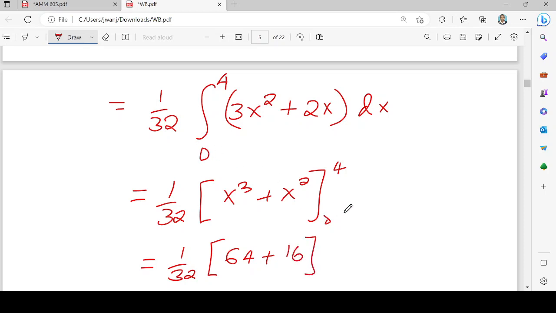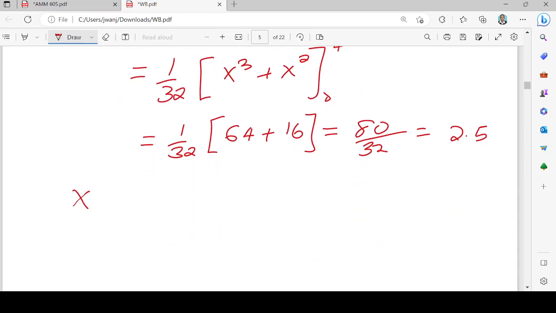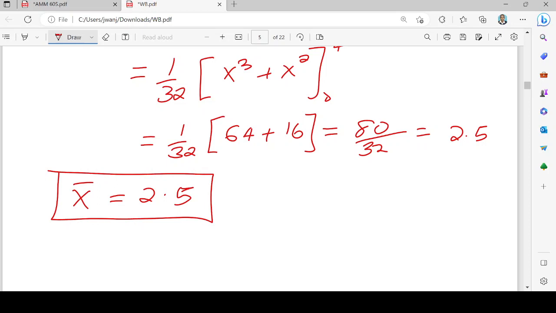Notice that when x is 0, this will be 0, so that's why we are not including that. If we work this out, it will be 80 over 32, which is 2.5. X bar is equal to 2.5. This is the mean of the random variable.